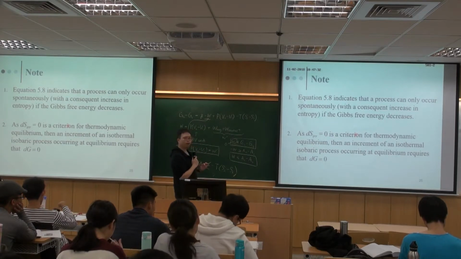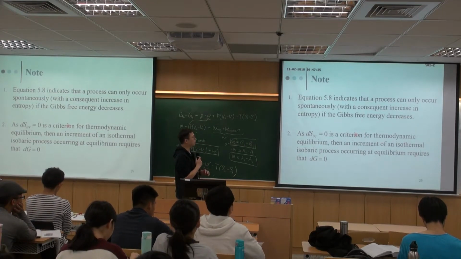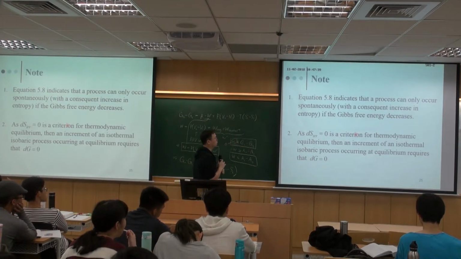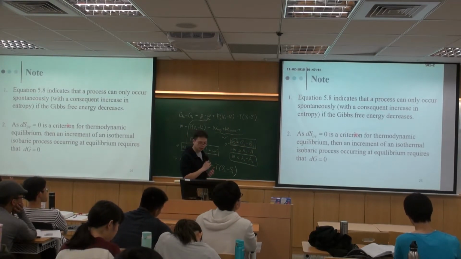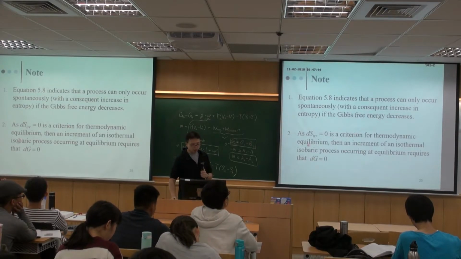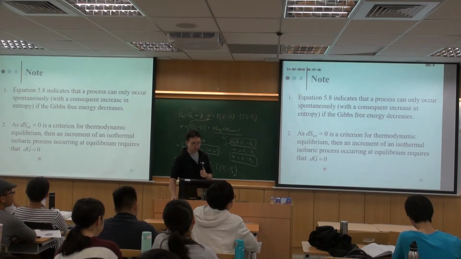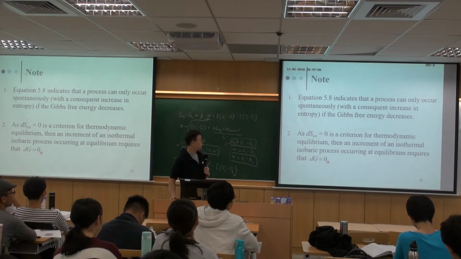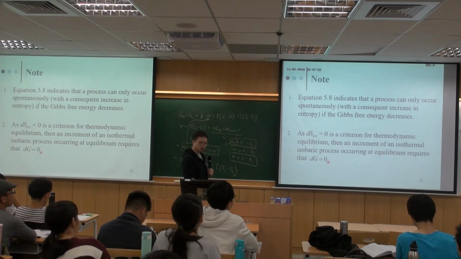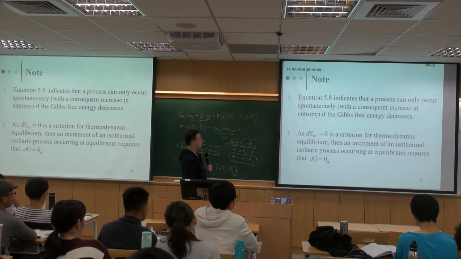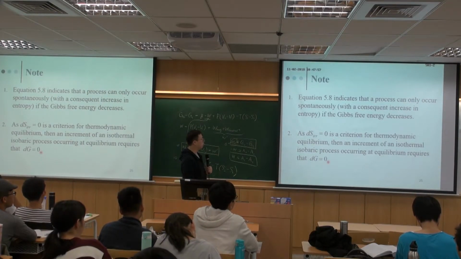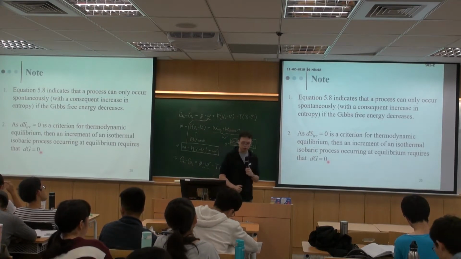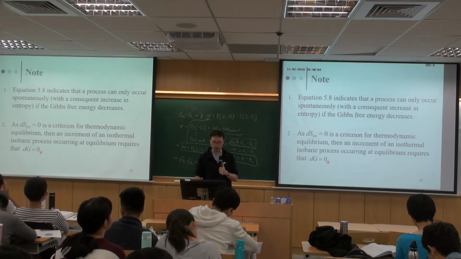So if you have a reversible process such that delta S_irr is 0, then this is a criterion for thermodynamic equilibrium. And to reach that equilibrium, it is required that dG is 0. So delta G should be 0, which means that the Gibbs free energy should reach a minimum when the system is going to the equilibrium state, especially when you're dealing with an isothermal and isobaric process.